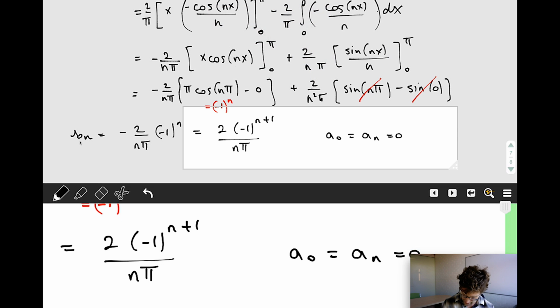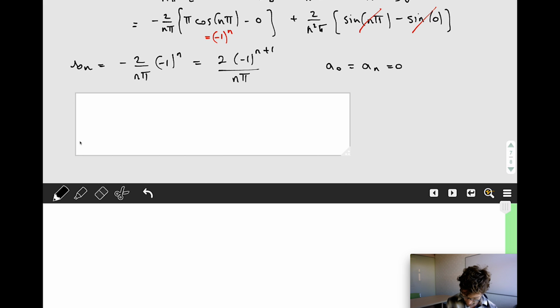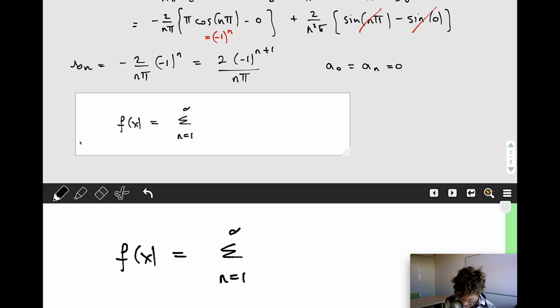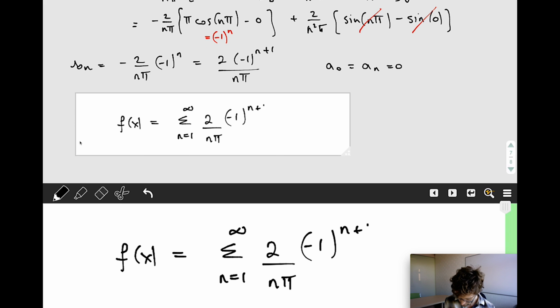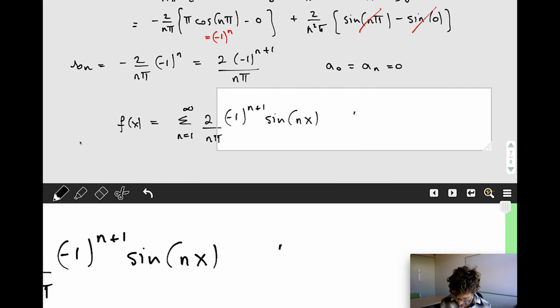So let's see what the Fourier series looks like for this function. So f of x is equal to the sum from n equals 1 to infinity of bn times sine nx. So we call this the Fourier sine series because it only involves sines.